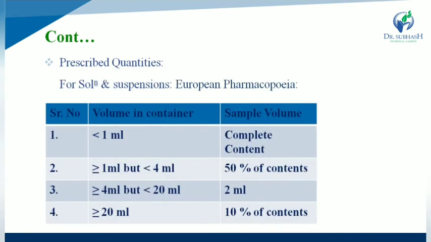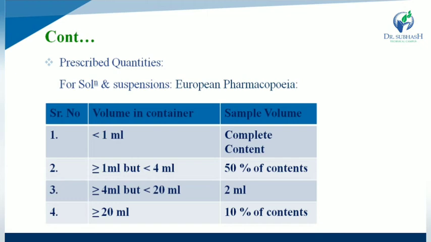These are the prescribed quantities for solutions as well as suspensions according to European Pharmacopoeia. If the container volume is less than 1 ml, the complete content is used. If the volume is more than 1 ml but less than 4 ml, 50% of the content is used for sampling.